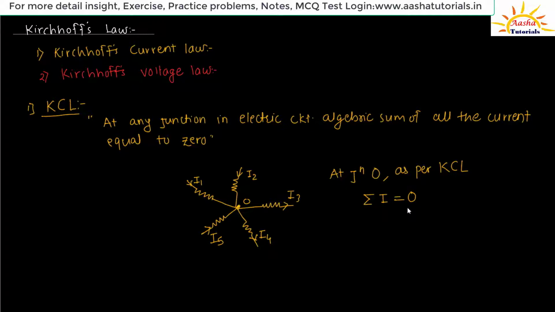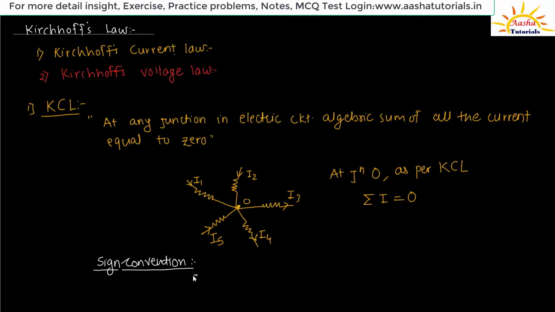To get it clear, along with this law, you must remember the sign convention given by Kirchhoff. This is very important. The sign conventions are very important to remember here.